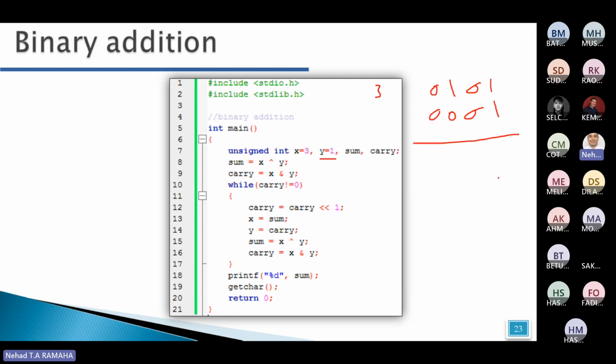How to add these numbers? Okay, the result will be 4, yes, which is 1, 0, 1, 0, like this, yes? When you add 1 plus 1, it's 2, yes? 2, which is 0, and you have carry 1.